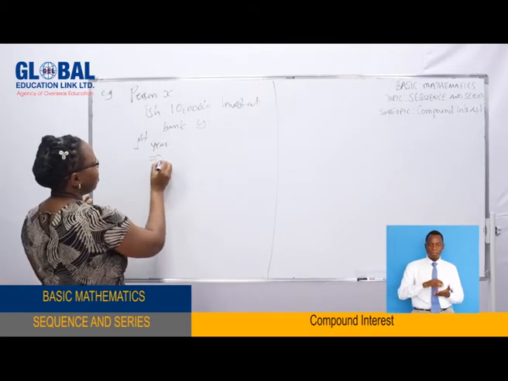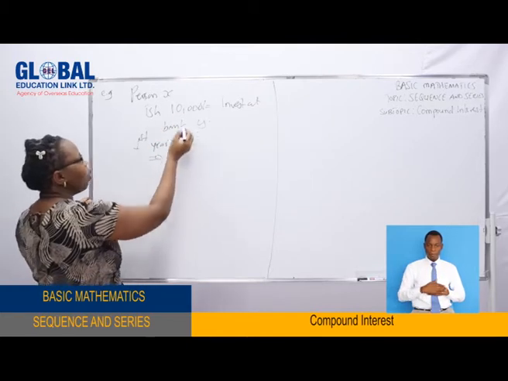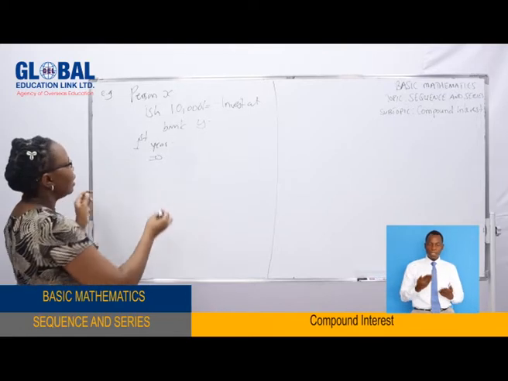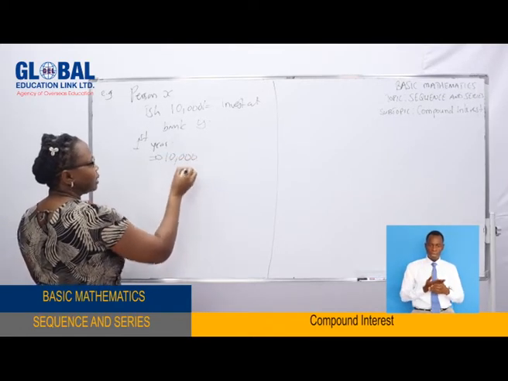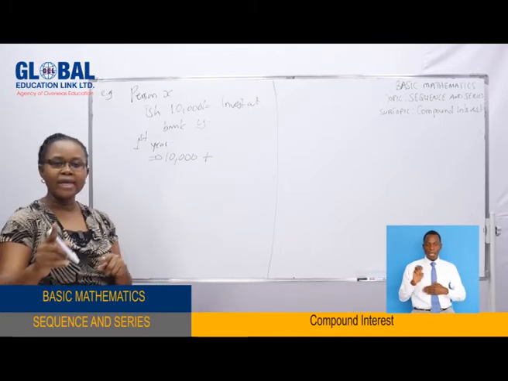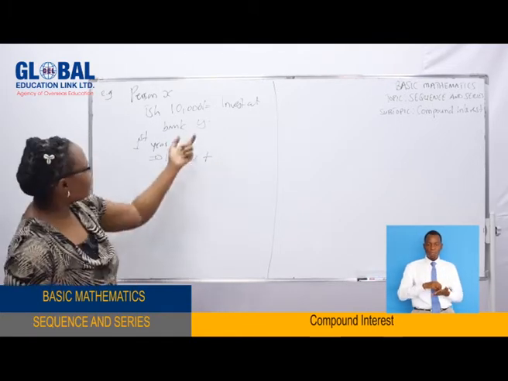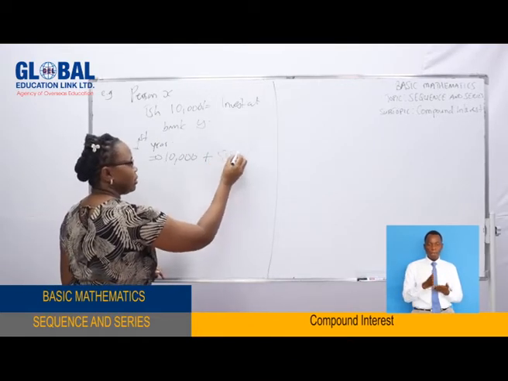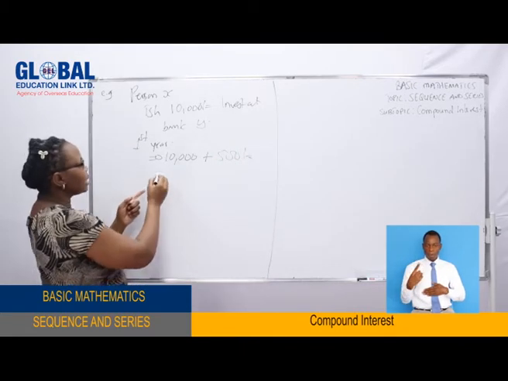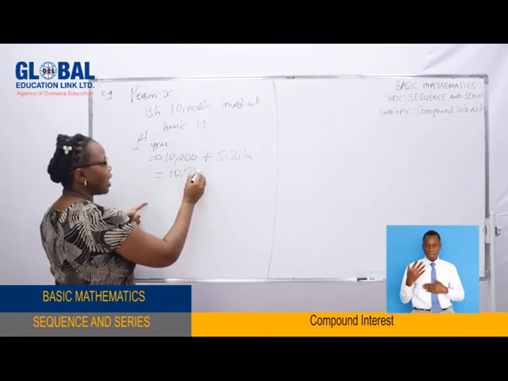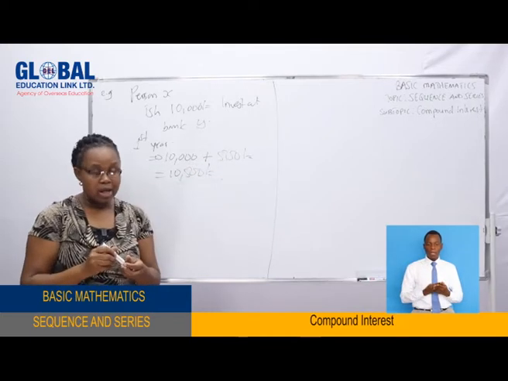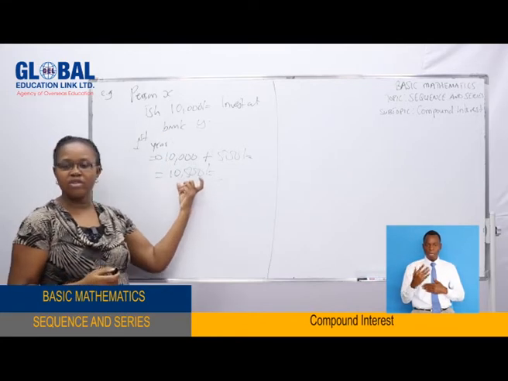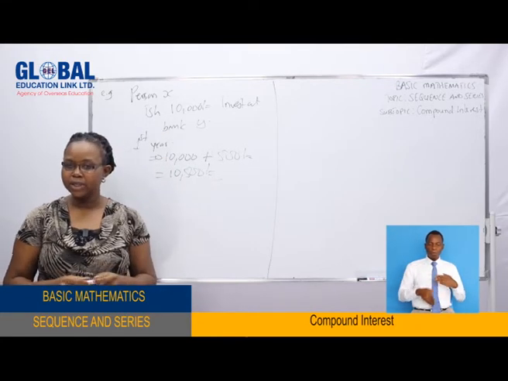After 1 year, the principal will be the same, 10,000, but with the addition of the interest. Let's say the interest after the first year was 500. This makes a total of 10,500 shillings. So at the first year, the amount of money will be 10,500 shillings.